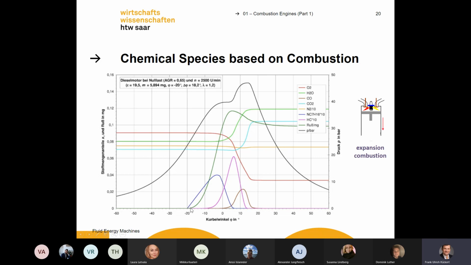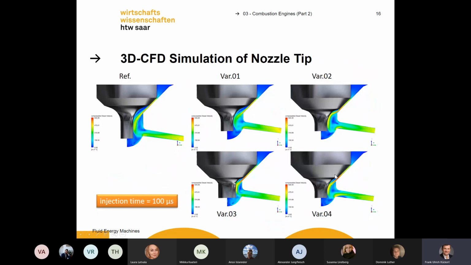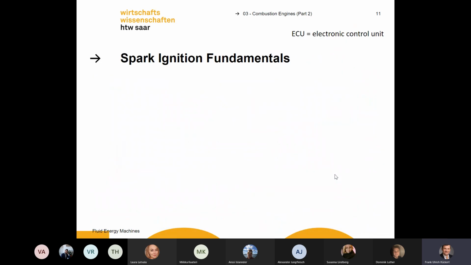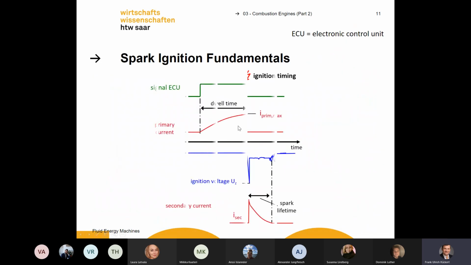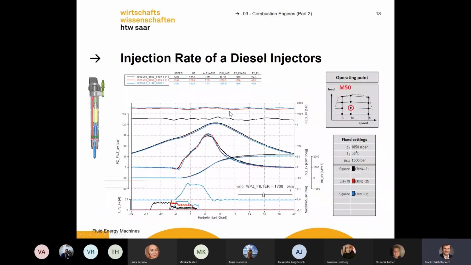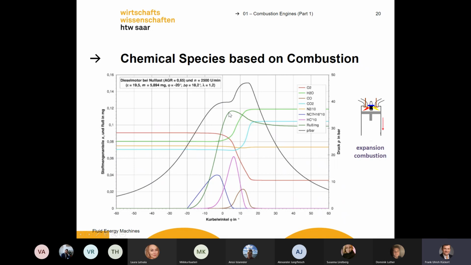But if you look at this chemistry, you see it also has some time delay. Yeah, I showed you this time delay in the electric circuit. Here we have a time delay, a dwell time in electricity, and we have a dwell time because of chemistry. So you can imagine it is not like in a computer game that everything happens directly.